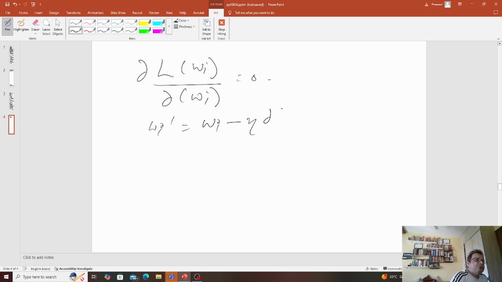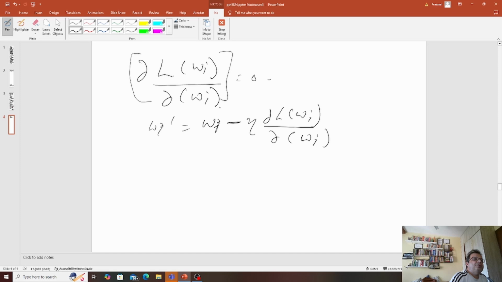So I'll say the derivative of L of wi with respect to wi. What I'm trying to do is find the slope of your curve, and then based on the slope you subtract this from your value.